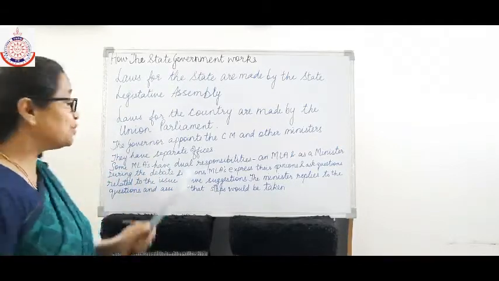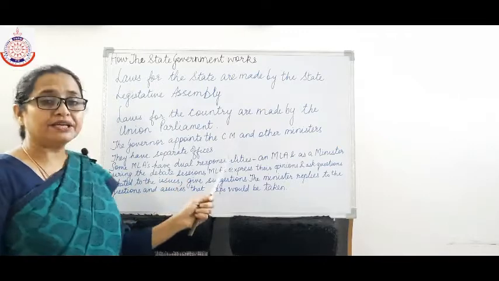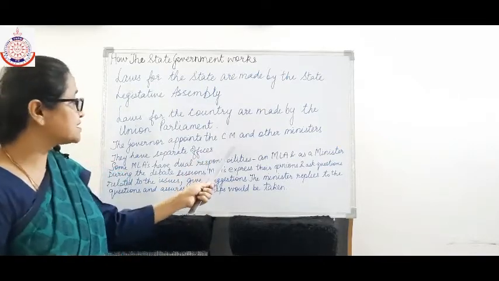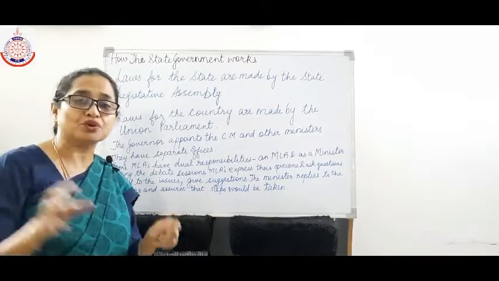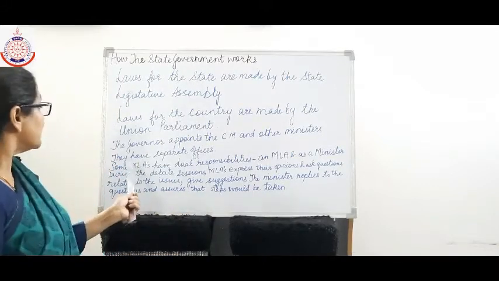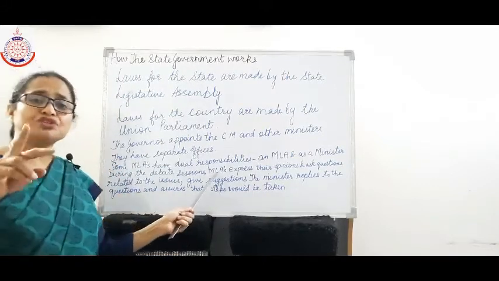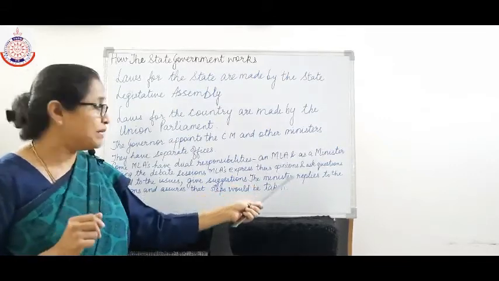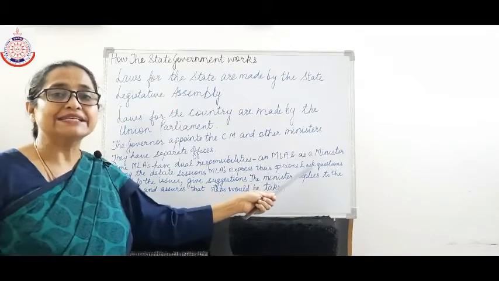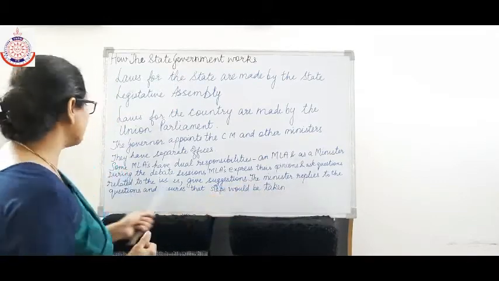Now as I told you earlier also, the governor appoints the chief minister and other ministers, and they are all given separate offices. So some MLAs have dual responsibility: one as an MLA and second as a minister as well.